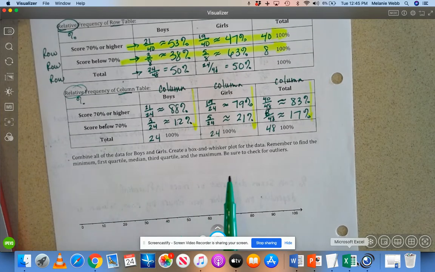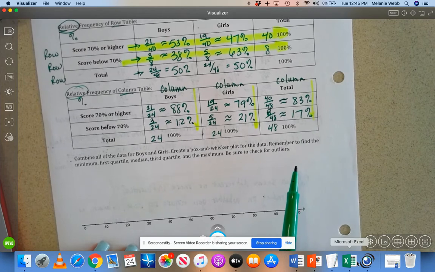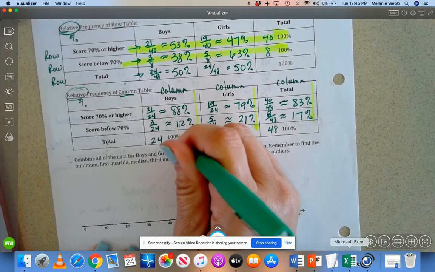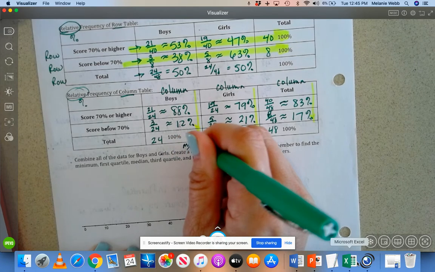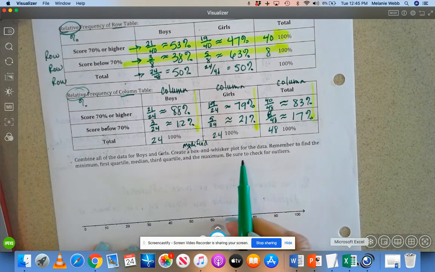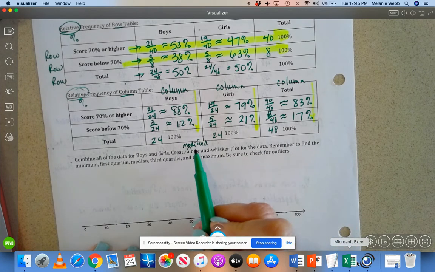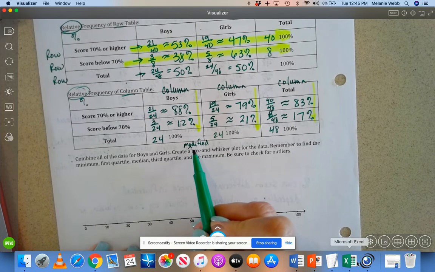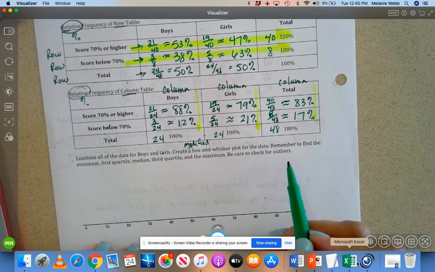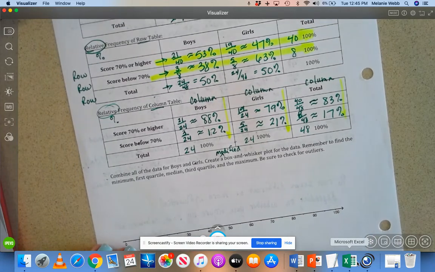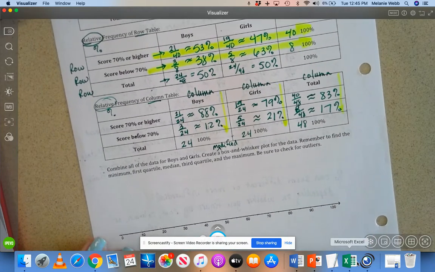So we're going to combine all the data for boys and girls and create a box and whisker plot for the data. And remember, this should actually say modified, because down here it says be sure to check for outliers. So if you're having to check for outliers, then that must mean that you have to modify your box and whisker plot if there are some outliers. So I went ahead and listed all of the data to find this information.